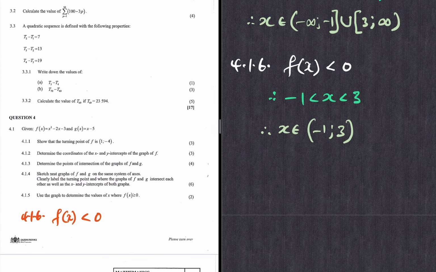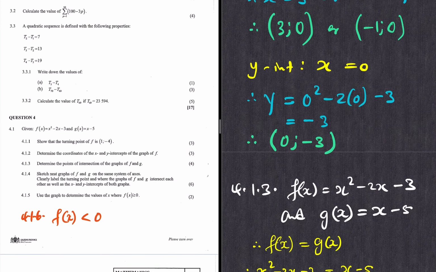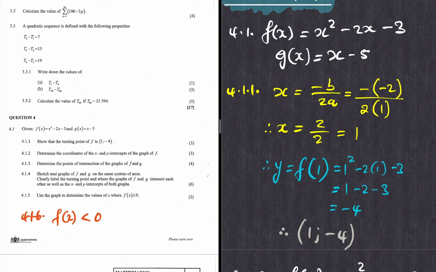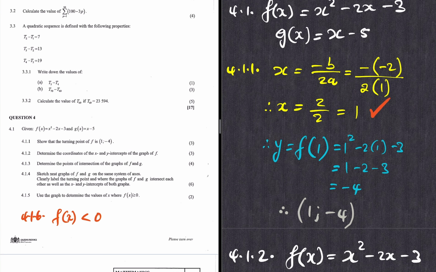Yes, they're giving you guys 2 marks. So let's check where you guys get the marks here. I'm going to start from the first question. It's 3 marks, so you need to get the value of x. Okay, x is 1, and you need to do the correct substitution and the value of y, the final answer. So they're going to mark you for the axis of symmetry if it's correct, and also the correct substitution and the final answer.